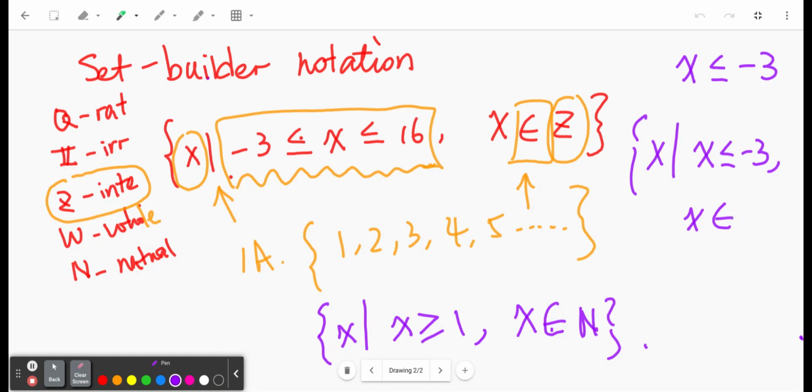In the question, does the question give us any specific number besides the range? No. So that means we don't know what kind of number they are. So they're all real, very good. They all should be included because anything is possible. So we have to choose the R. Make sense?